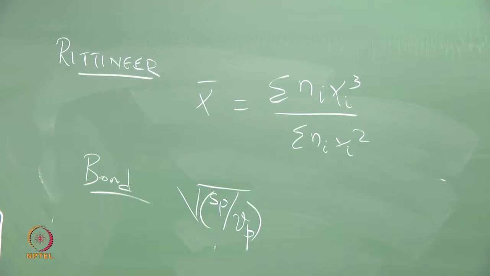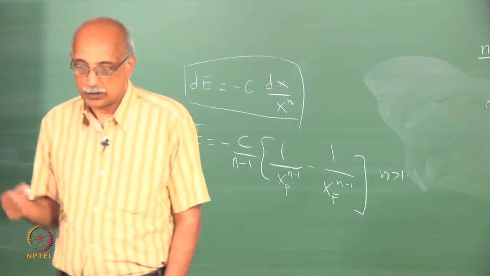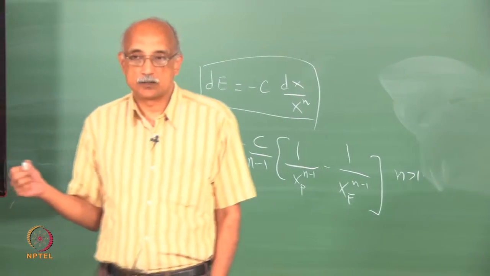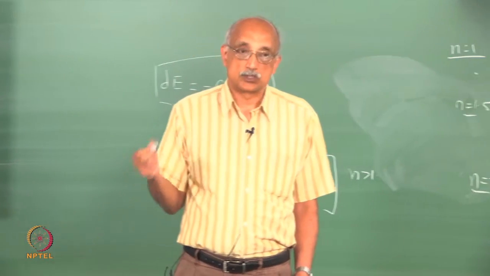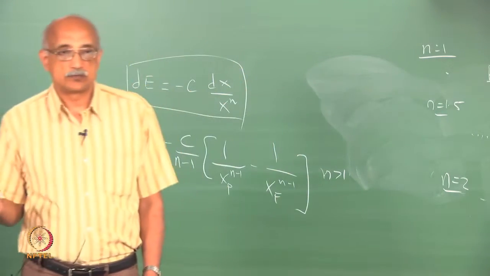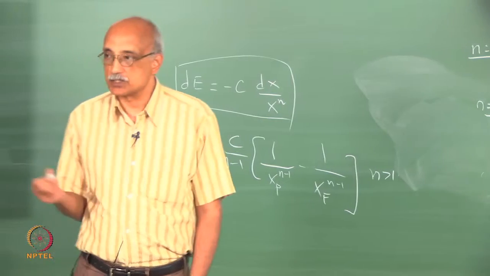So, Bond's take on this is that the energy required is proportional to the square root of the change in the specific surface area.